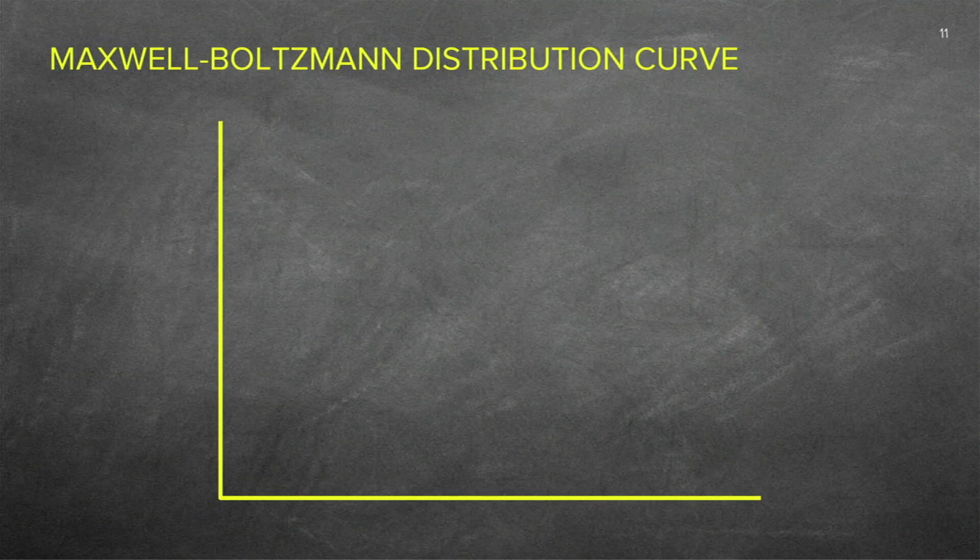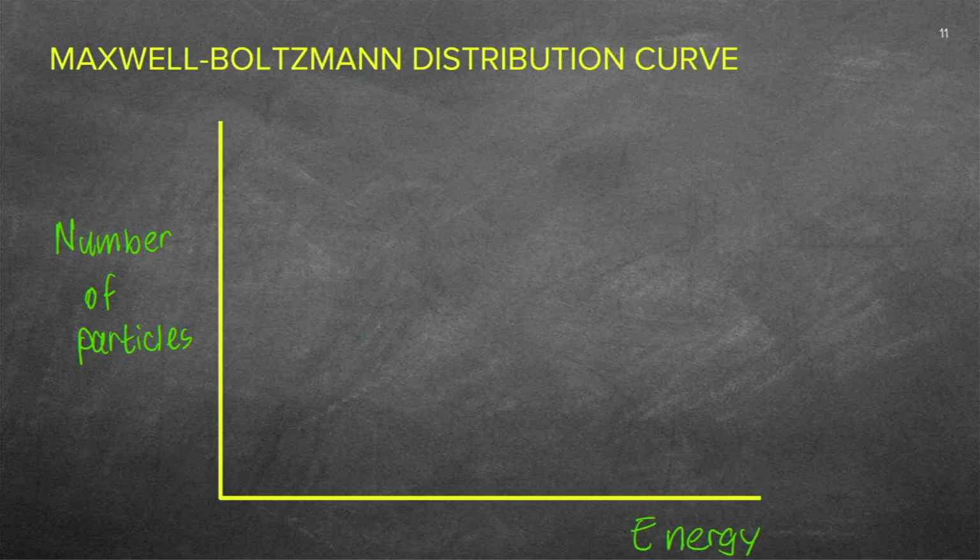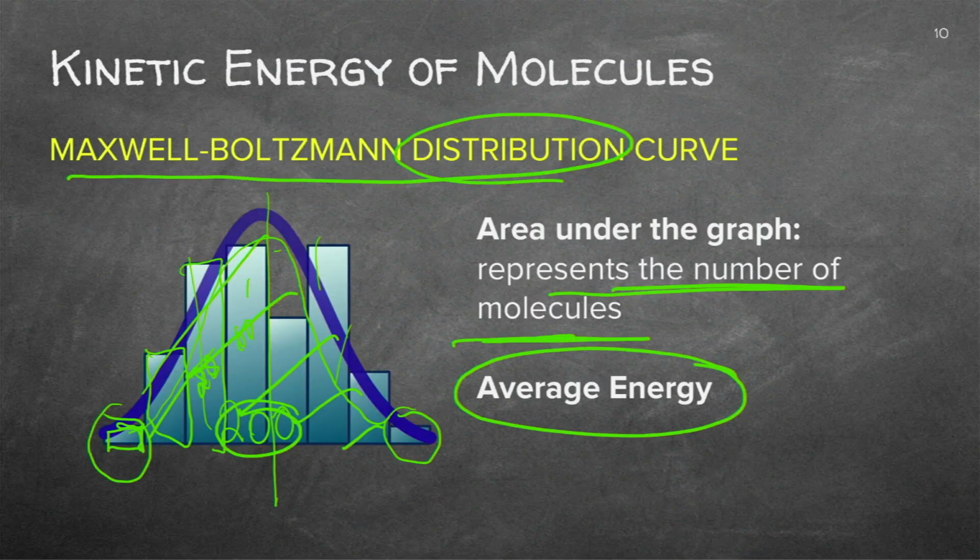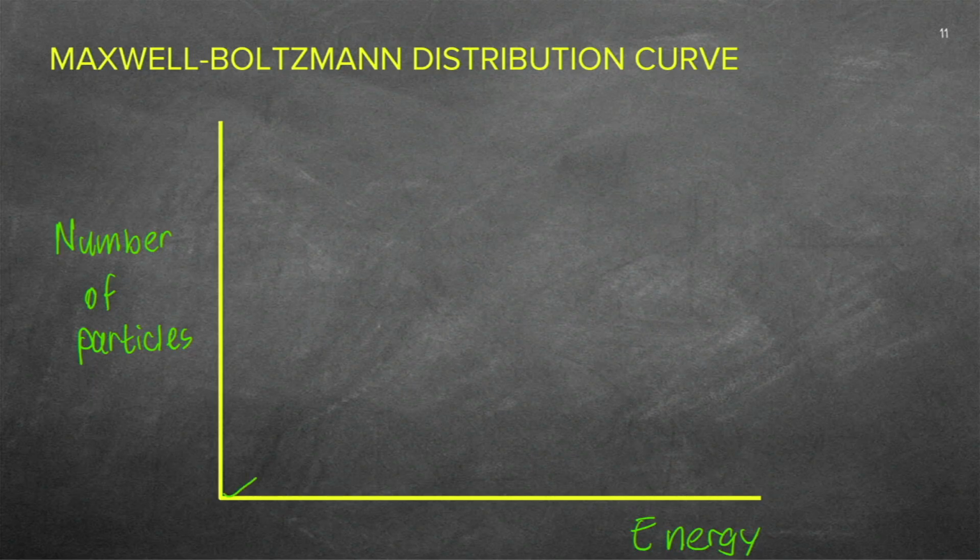Firstly, the axes. On this side, we'll have the number of particles. So it's the number of molecules or atoms that you have. On this side here, we've got on our x-axis the energy. And we saw just now when we had this curve that it'll look something like this.